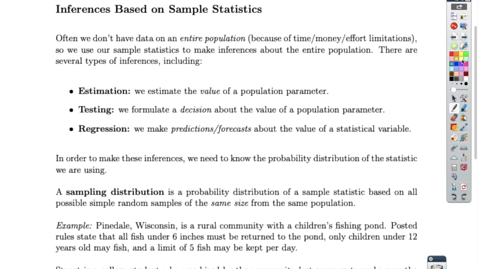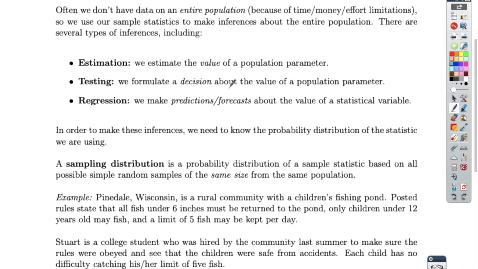We do this in a few different ways. Sometimes we just estimate the value of a population parameter, like the population standard deviation. Another thing we do, which we haven't done yet and will get to in chapter 9, is testing, and we'll do some hypothesis testing later.